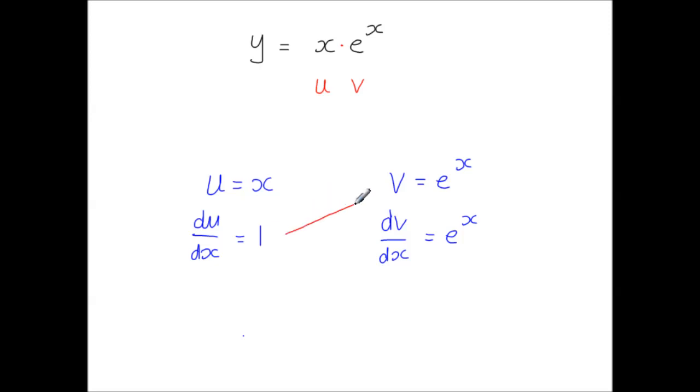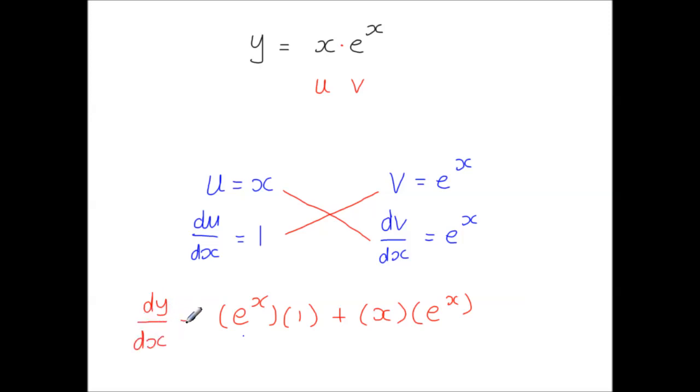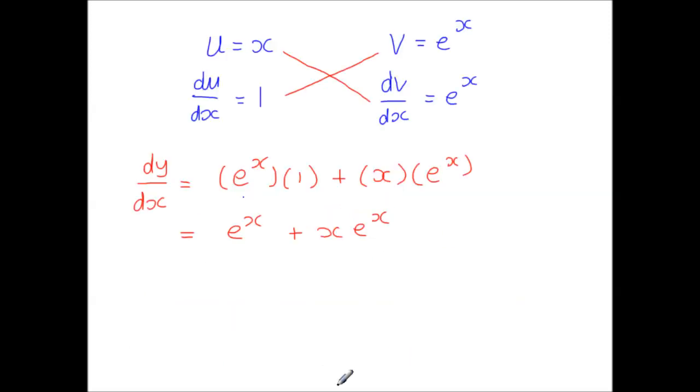So if I multiply these two, plus cross multiplying these two, and this is what dy by dx is equal to. Clearly we can simplify this, you don't need the 1 there and all the brackets, so it's just e to the x plus x times e to the x, and if you want to factorize you can write it like this, e to the x times 1 plus x.